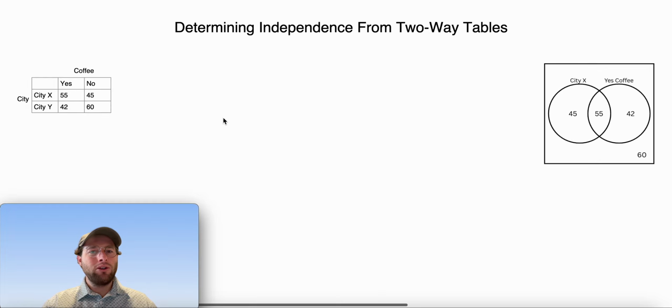When determining independence, let's say we want to determine whether living in city X and drinking coffee are independent or dependent.